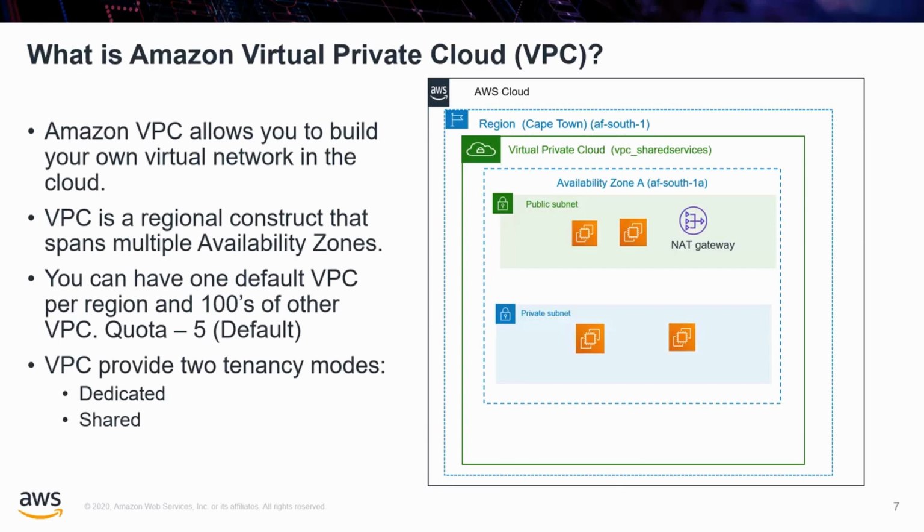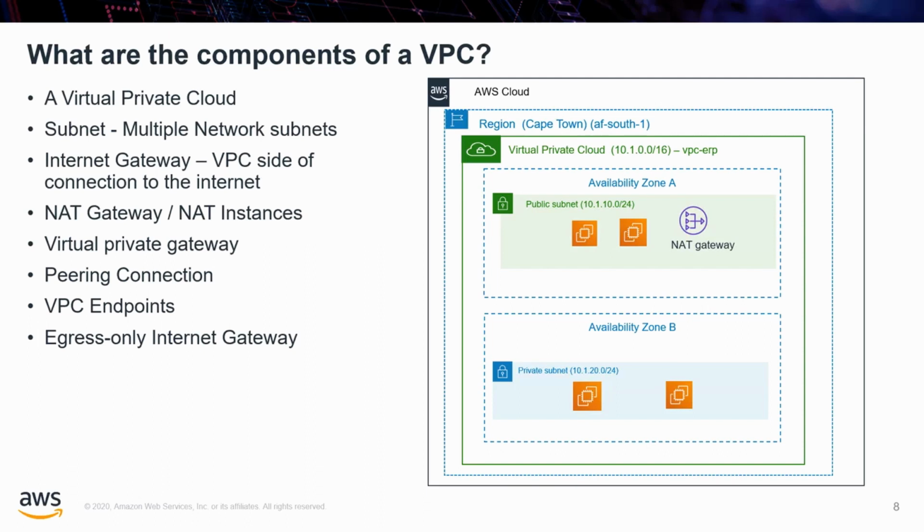HIPAA is a health insurance act in the US, and they had requirements around provisioning virtual resources on dedicated infrastructure versus shared infrastructure. But apparently in 2017 that changed. So you can switch between dedicated and shared infrastructure once a VPC is provisioned.